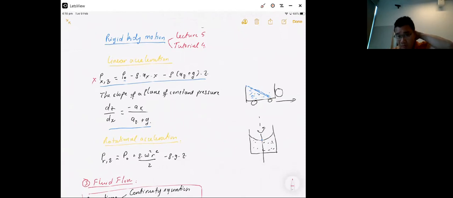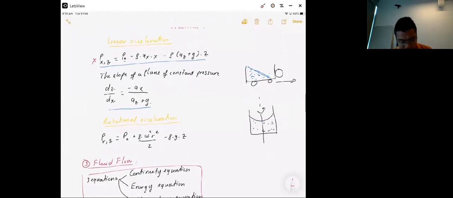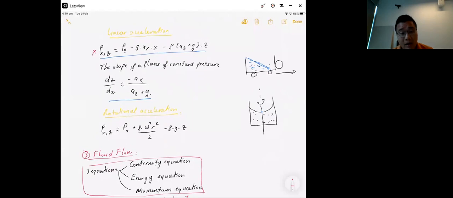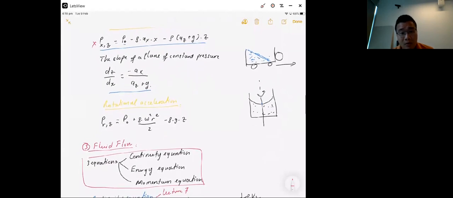But if ax and az are not 0, you have to apply this equation to find the pressure based on x and z. And similarly for rotational acceleration, we have an equation for p of z that depends on P0, density, angular velocity, r and z.